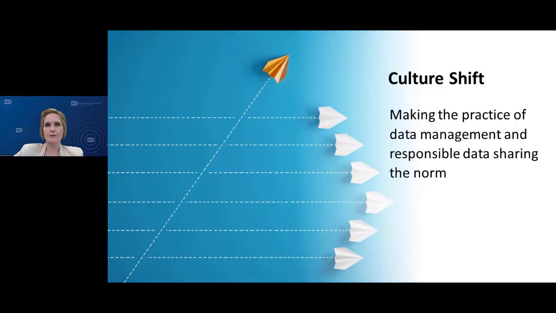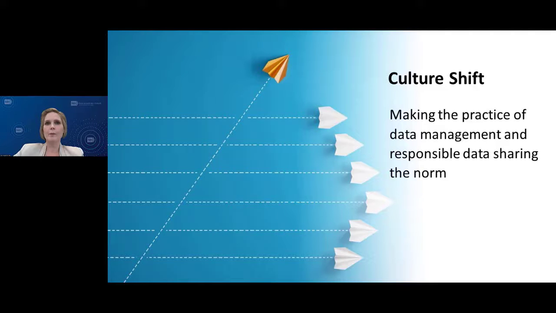We've been busy since 2020, taking advantage of this time to present at dozens of meetings, seminars, and other venues to get the word out to stakeholders about this policy. If you've heard one of those previous presentations on the policy, either from me or one of my colleagues here at NIH, you've probably heard us use the phrase culture shift. You may even be thinking, what exactly do we mean?